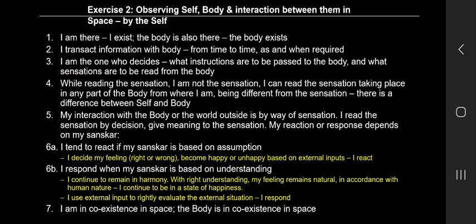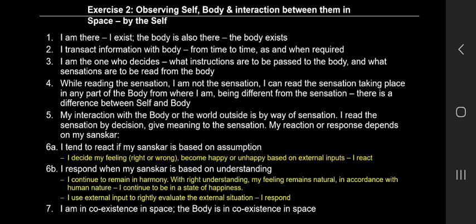And once I am clear that I exist, the body exists, and I am not hard bound with the body, I have a choice to interact with the body. Once I am clear, then I can see I am in coexistence in space. The body is in coexistence in space, and every unit is in coexistence in space.